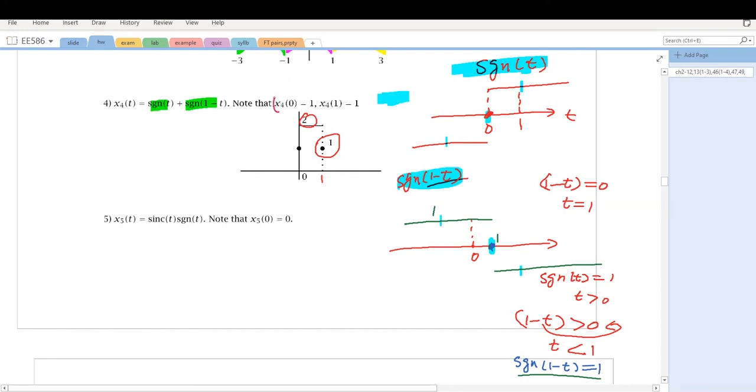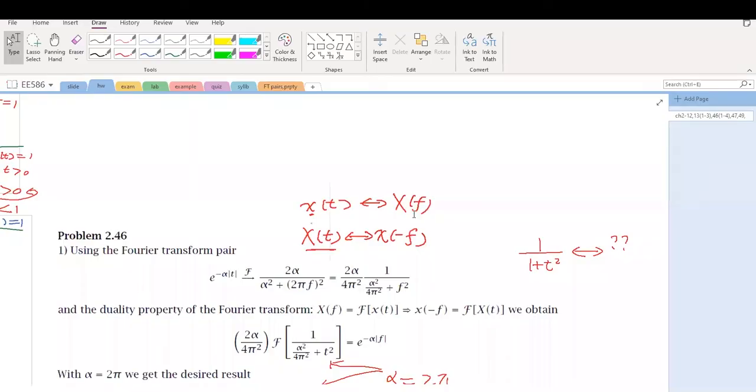We don't have to worry about this one point as long as we have the waveform drawn correctly, meaning that when t is less than 0, that's 0. When t is greater than 1, that's 0. And in this range, between 0 and 1, we have 2. But at exactly this one point, it does not matter in this course.